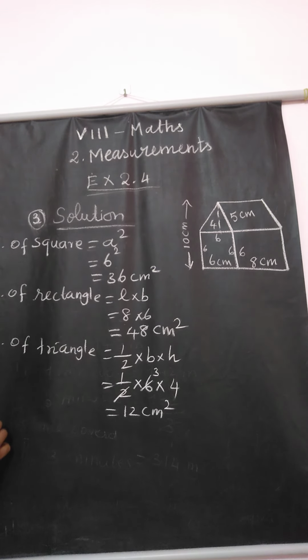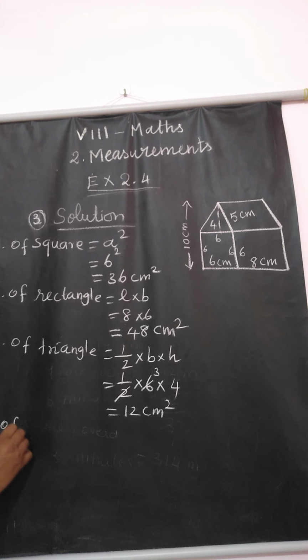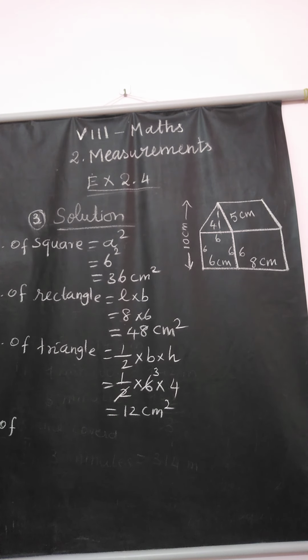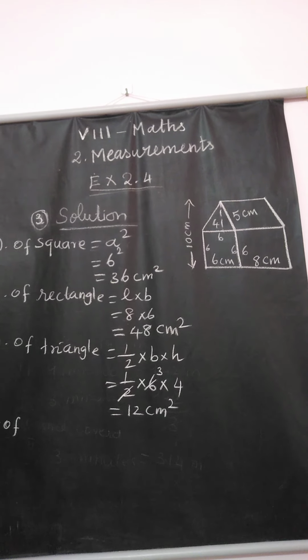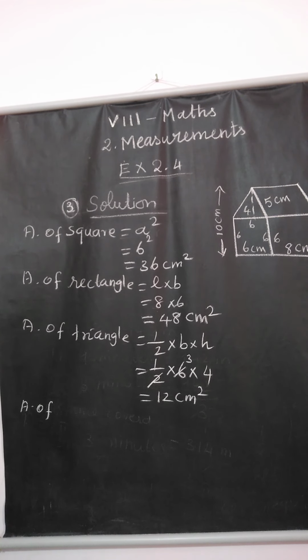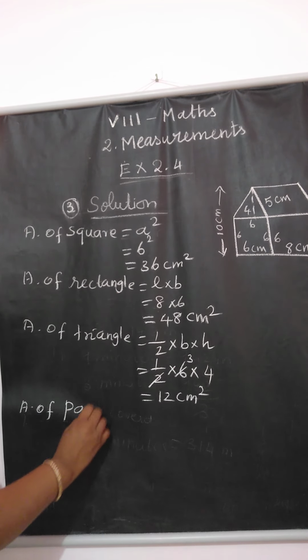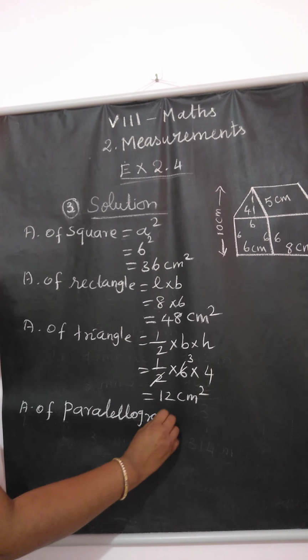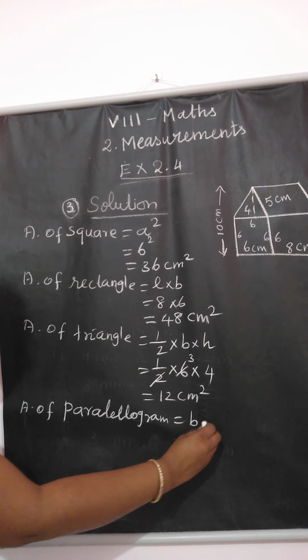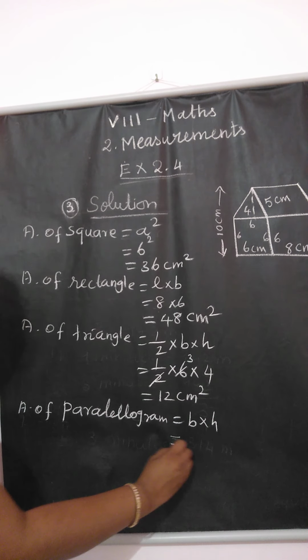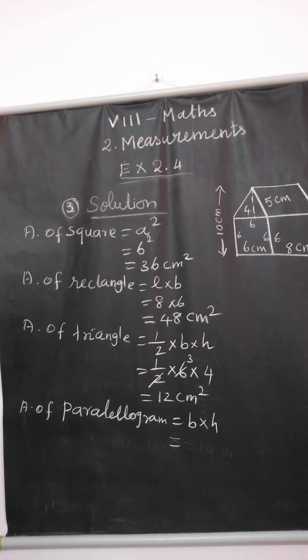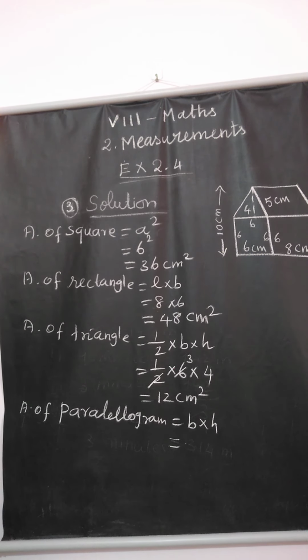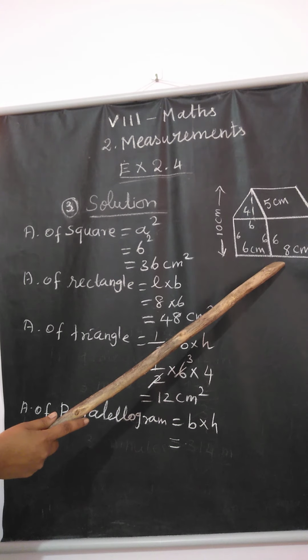Next I am going to identify the area of the parallelogram. The formula is B into H. The base is given already, so base 8 is given there.